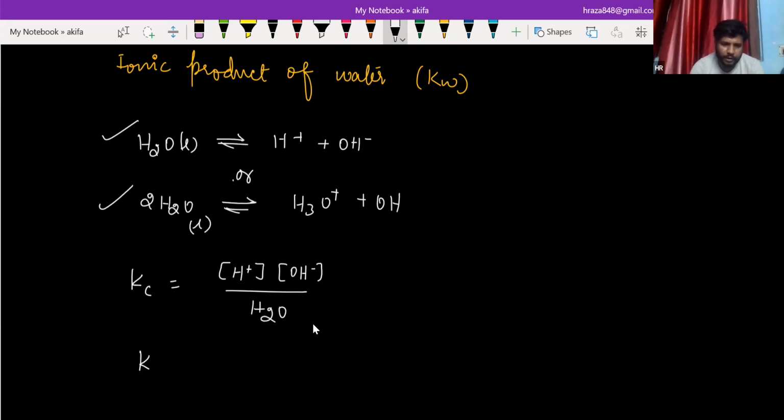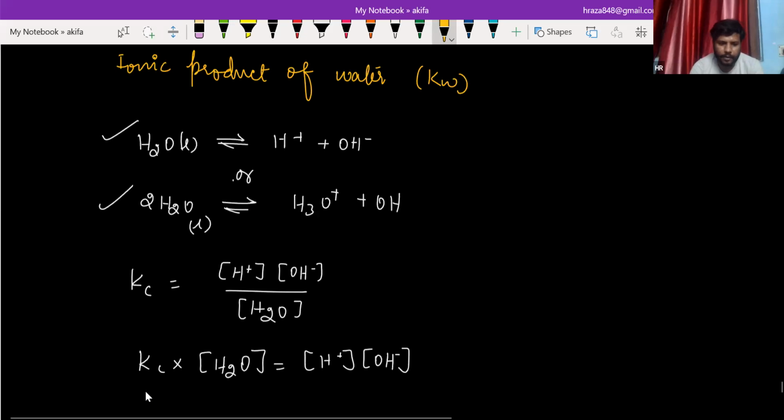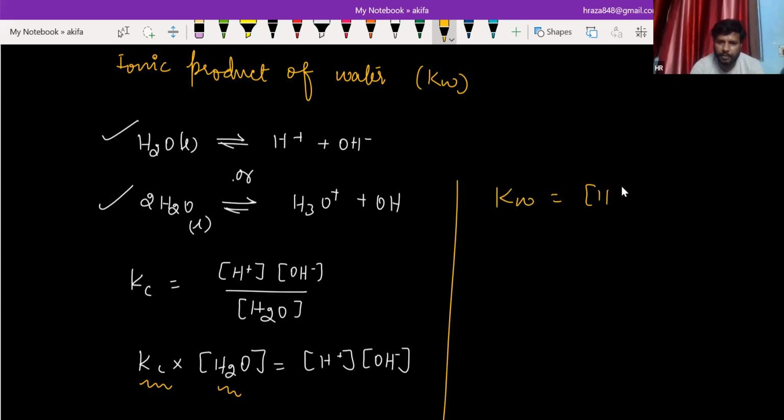And we can also write Kc into H2O equal to H plus into OH minus. And again, you know that we call this Kc into H2O as Kw. Kw is equal to basically H plus into OH minus.